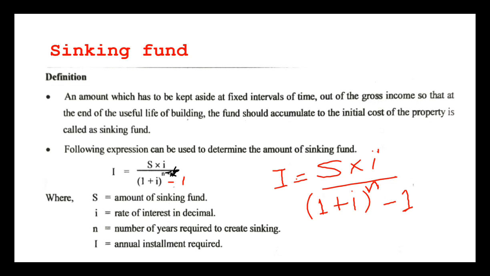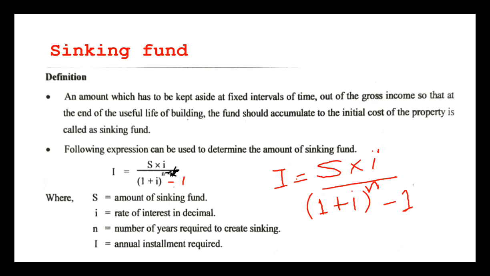S is the amount of the sinking fund, small i is the rate of interest in decimal, n is the number of years required to create the sinking fund, and capital I is the annual installment required to fulfill the replacement cost of the property. Okay, so this is the sinking fund method.